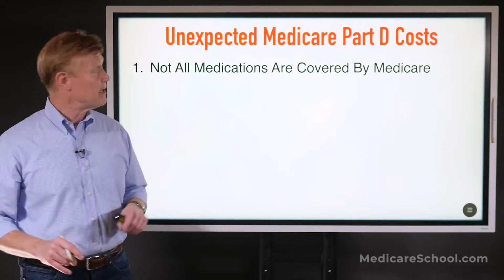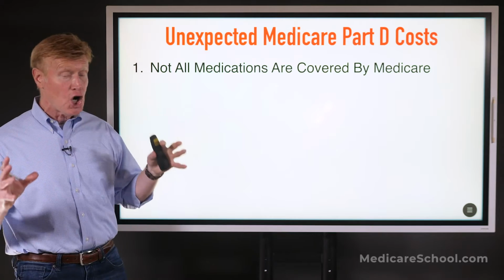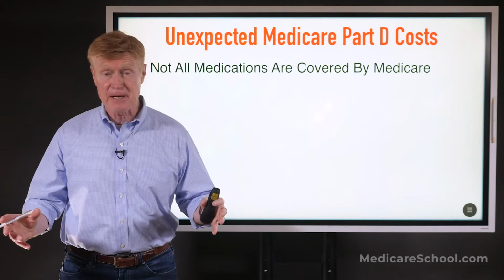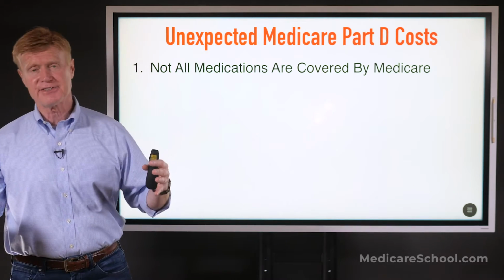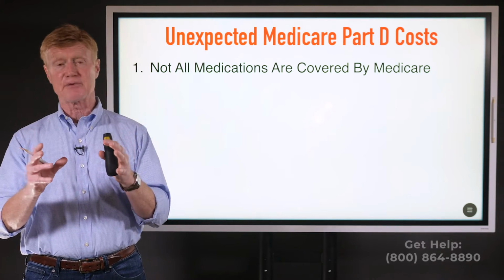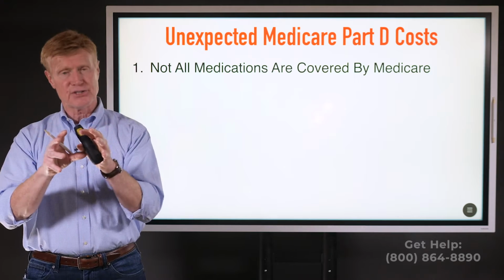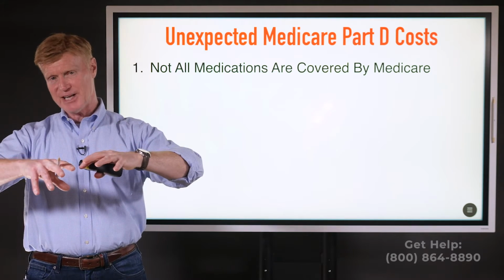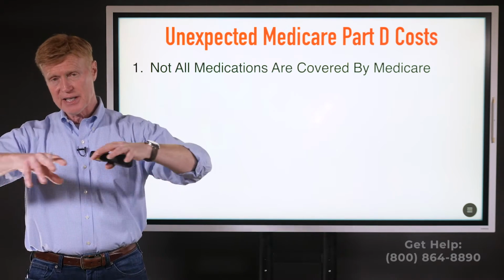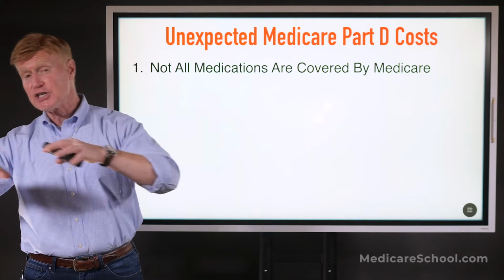Now, the first reason why people have unexpected costs is because not all medications are going to be covered by Medicare. In fact, they tell us that Medicare covers about 95% of all medications that are on the market. Now, folks, there's not one plan that's going to cover all 95% of medications on the market, but Medicare says that there's only about 5% of meds that are not going to be covered.